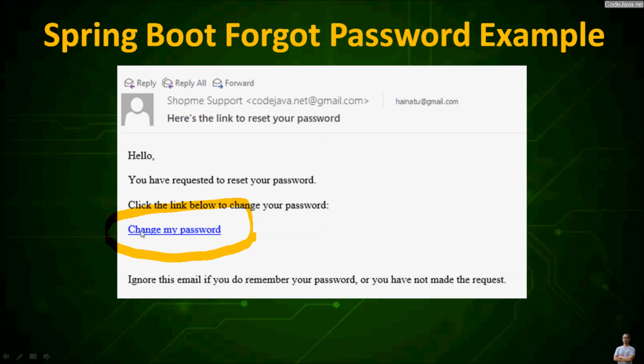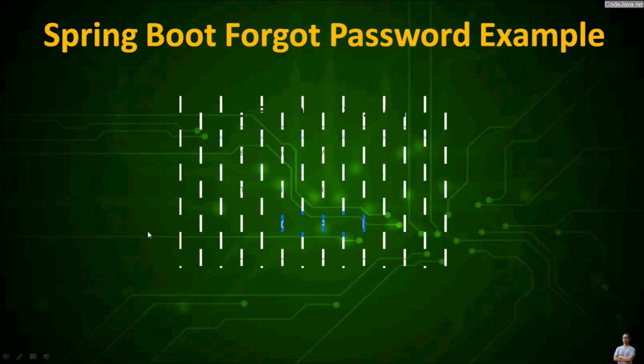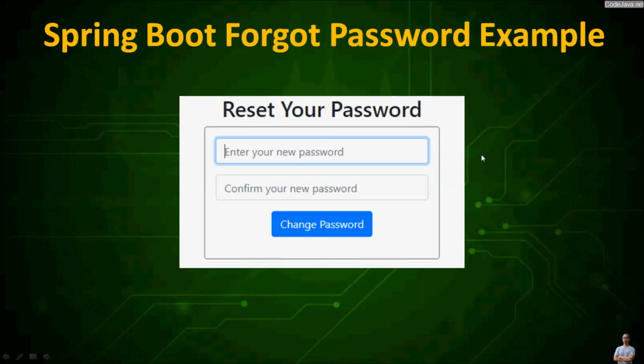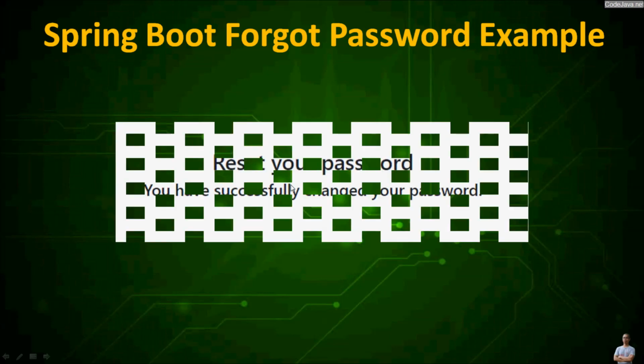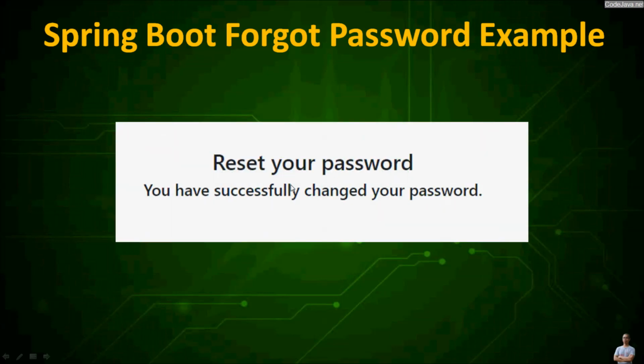The customer can click on this hyperlink to open the reset password form here to change his password without the need to enter the old password. Just enter a new password, and this message appears upon successful password change here. So that's the workflow of the forgot password function, which I will guide you how to implement in this video.